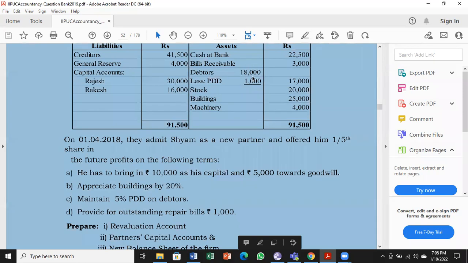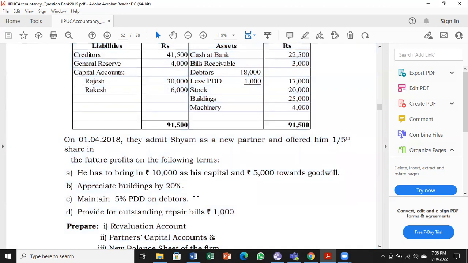So in the new balance sheet, they want 5% provision for doubtful debts. So they're expecting 5% of the debtors may not be received. It may be doubtful. But already 1,000 rupees is there, please remember.